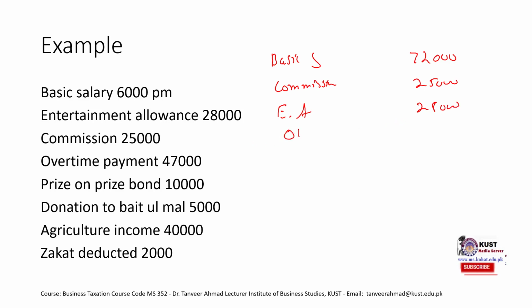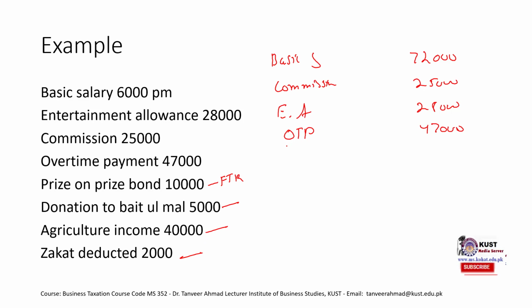Overtime payment, 47,000. This prize on prize bond is under the fixed tax regime, so we do not include it over here. Donation is a deductible allowance, so we would first calculate gross income and then we would deduct these deductions. Agriculture income is not taxable. Again, this zakat is a deduction, so we are done with this.